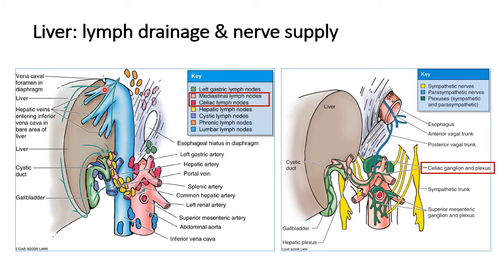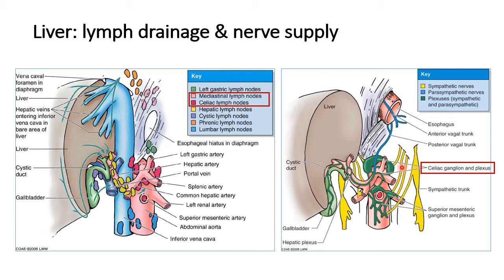But some lymph will reach the mediastinal lymph nodes through the bare area of the liver, which eventually those lymphatic channels will end in the mediastinal lymph nodes in the thorax. So mostly in the celiac lymph nodes, but some will drain into the mediastinal lymph nodes.